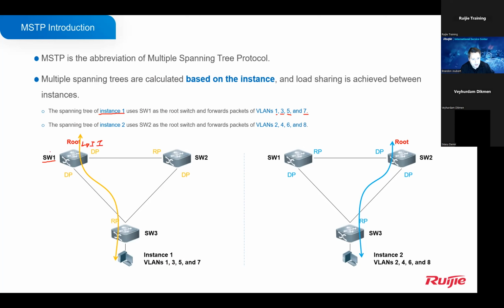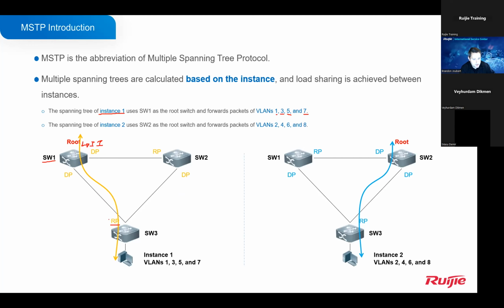And now that this is the root for instance 1, you will see the following will happen. So the switch here at the bottom, switch 3, has a direct connection to the root switch. So that means that is a root port.